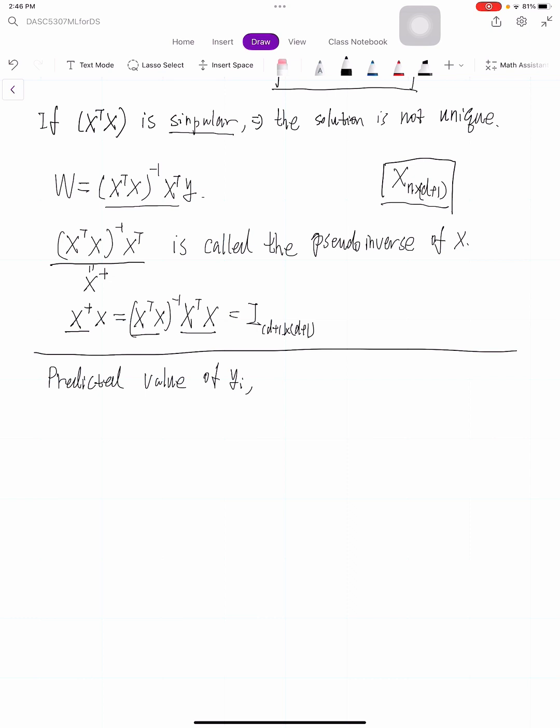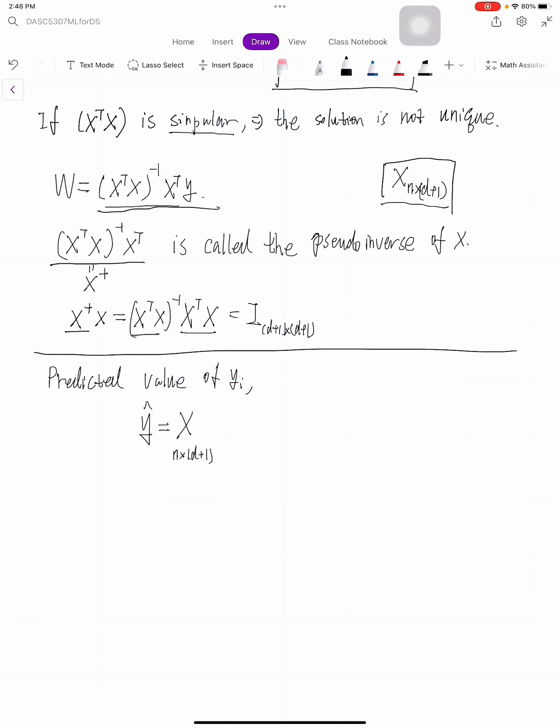So the predicted value y hat equals the design matrix X, which is an n by d plus 1 matrix, multiplied by W. So W is here, right?